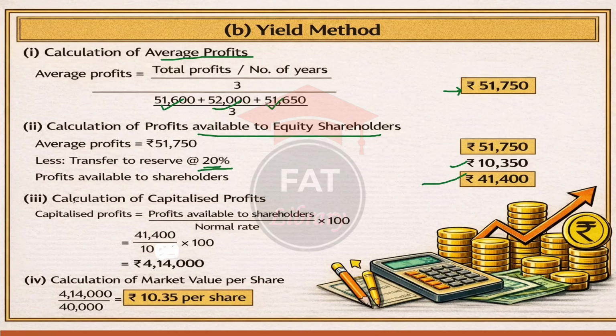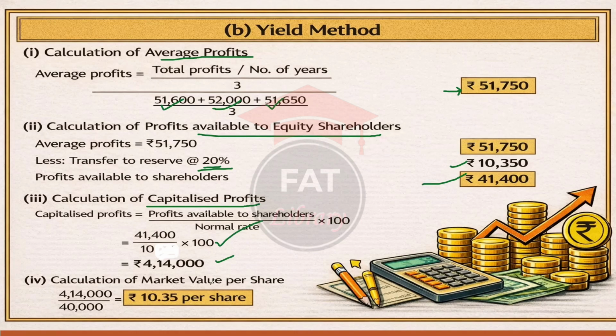The next thing, calculation of capitalized profit. How do we calculate this? Capitalized profit is equal to profit available to shareholders divided by normal rate of return multiplied by 100. So 41,400 divided by 10 multiplied by 100, you get 4,14,000 rupees.